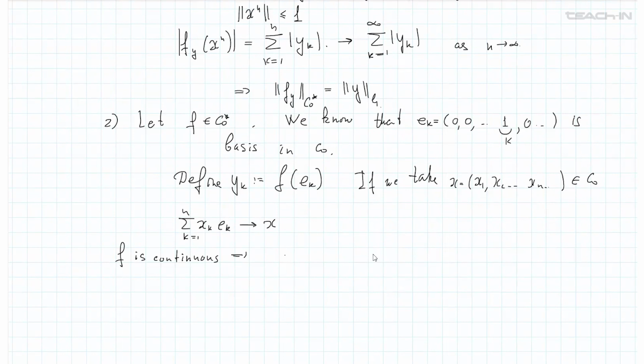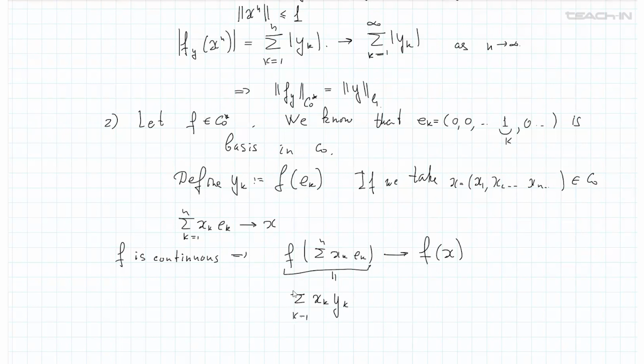So we obtain that f on the partial sum must converge to the value of functional f on x. But this equals, our operator is linear, our function is linear, and by definition of the sequence yk, we obtain that this partial sum looks like this sum, the action of our function.